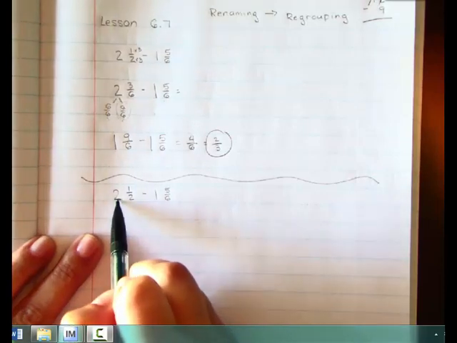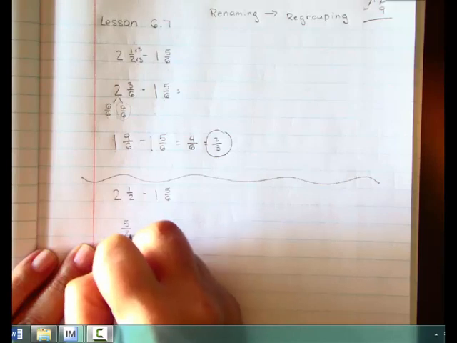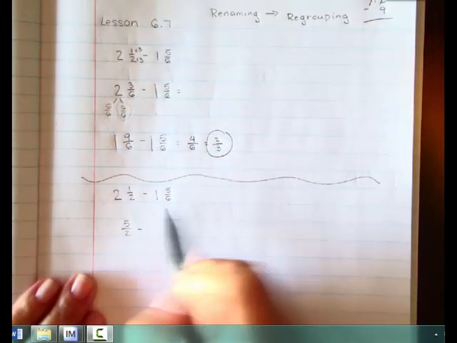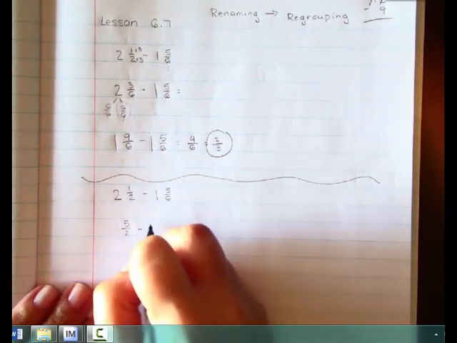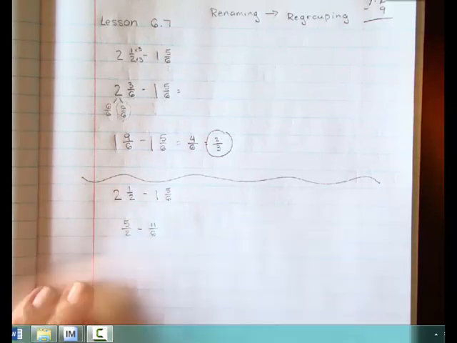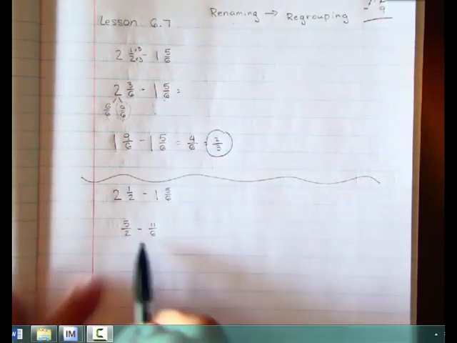First I'm going to make them both improper. 2 times 2 is 4, plus 1 is 5. So that becomes 5 halves. Minus 6 times 1 is 6. 6 plus 5 is 11. Minus 11 sixths.